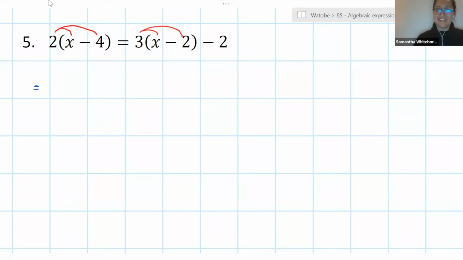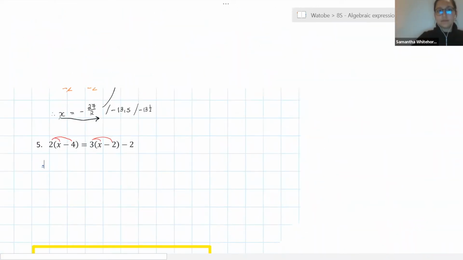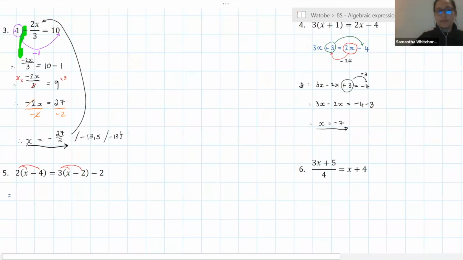Yes. Okay. Ma'am, I wanted to ask, with the previous equation, the one we just did, I'm confused on the last step, ma'am. This step over here, where the arrow is.